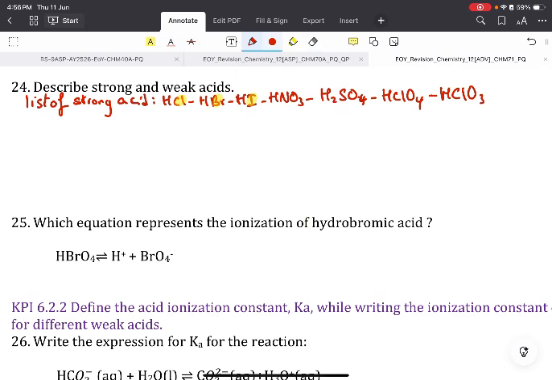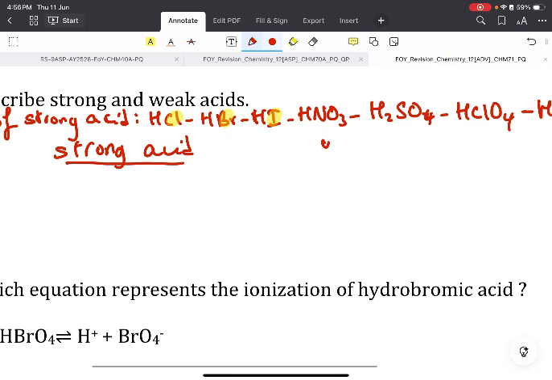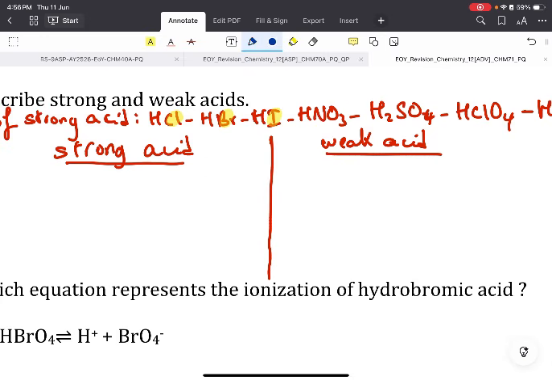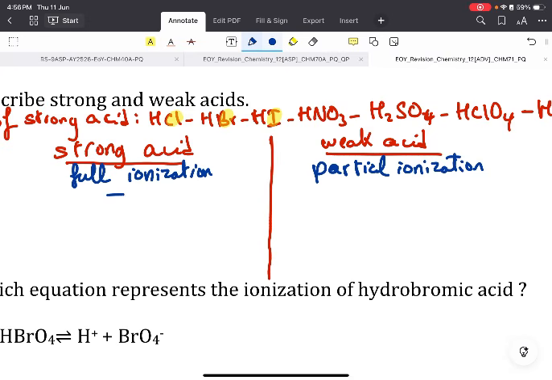Okay, I'm gonna make it in the form of a table. Strong acid, and here I'm gonna write weak acid. So the first main difference: full ionization, partial ionization. That's first.